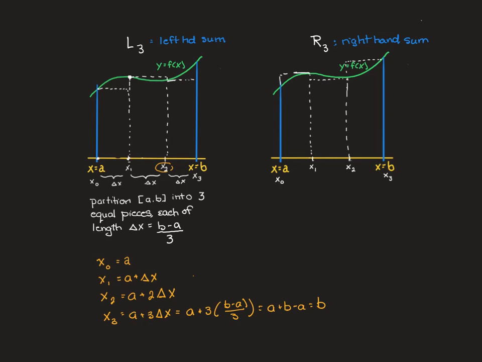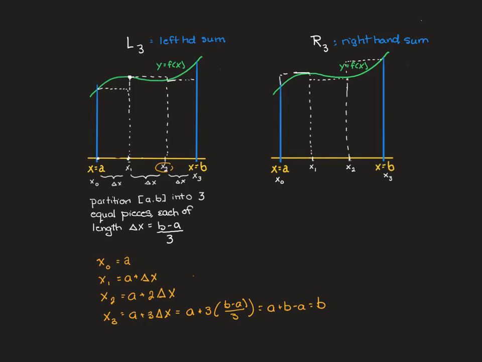Well, instead of using 3 equal pieces, I could choose 10 equal pieces, or 100, or 1,000, or 1,000,000. And in general, as I'm increasing the number of slices, I'm increasing the accuracy of my approximation.